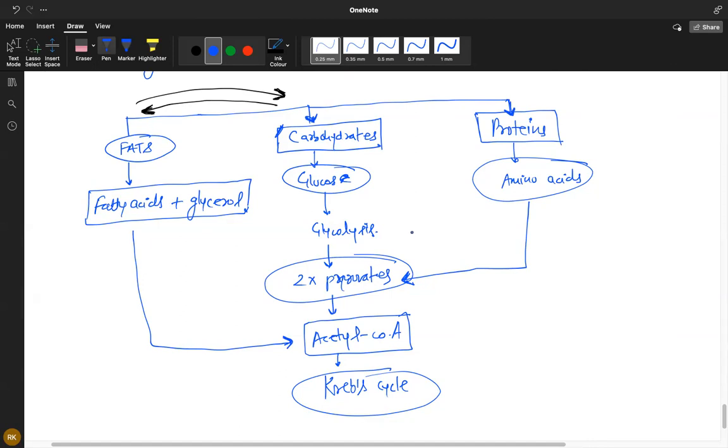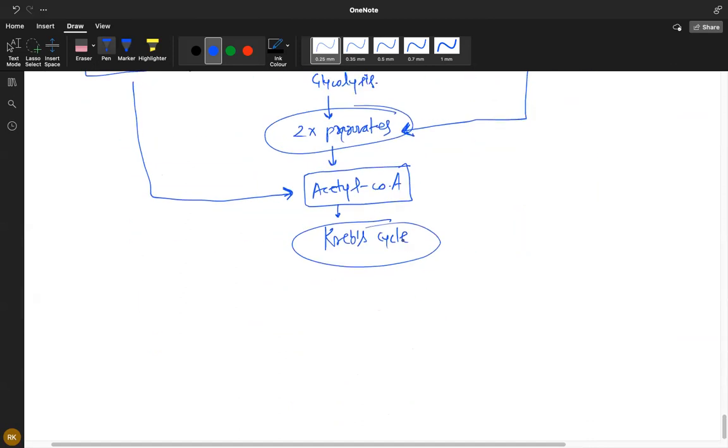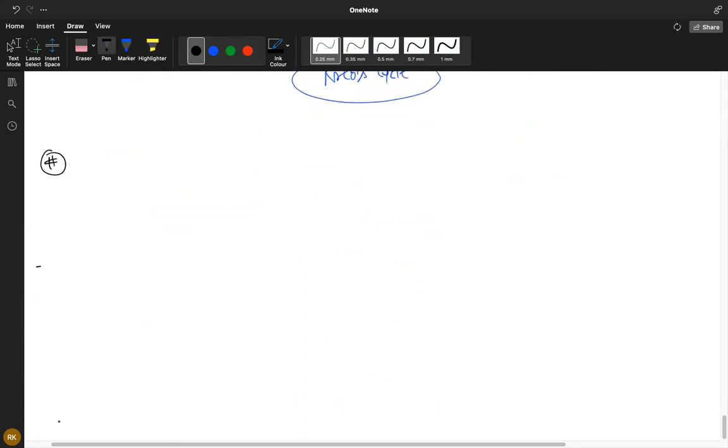Now, the last part of this chapter is respiratory quotient. This part is asked multiple times because it's simple, but it is still a concept. So let's talk about respiratory quotient as well. The word respiratory quotient, you know what is a quotient? In mathematics, you must have studied it.